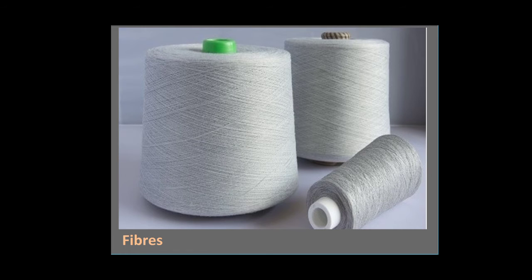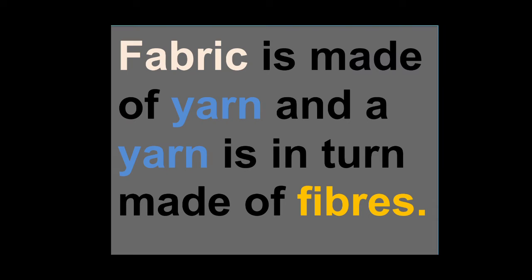You can see the fiber rolls at your home, which you can get easily, or you can go to the tailor shop and find these kinds of fibers. So fabric is made from yarn, and yarn is in turn made from fiber.